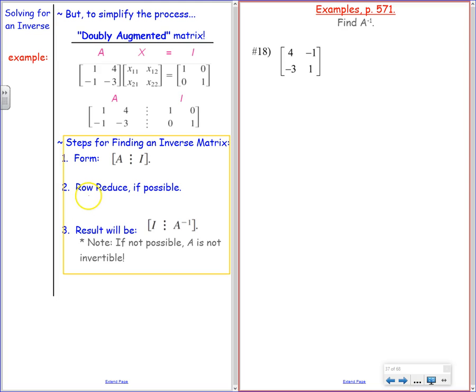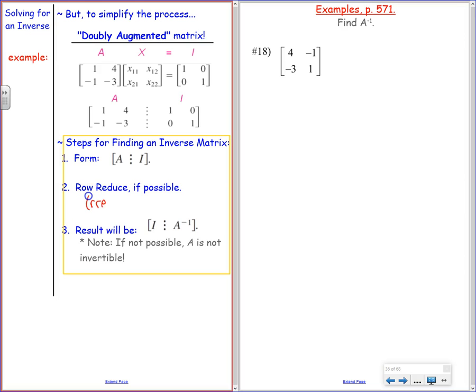And you can probably see it right here. Section 8.2, number 62, had you practicing RREF. In Section 8.3, this type of solving inverse will also have you practice RREF.